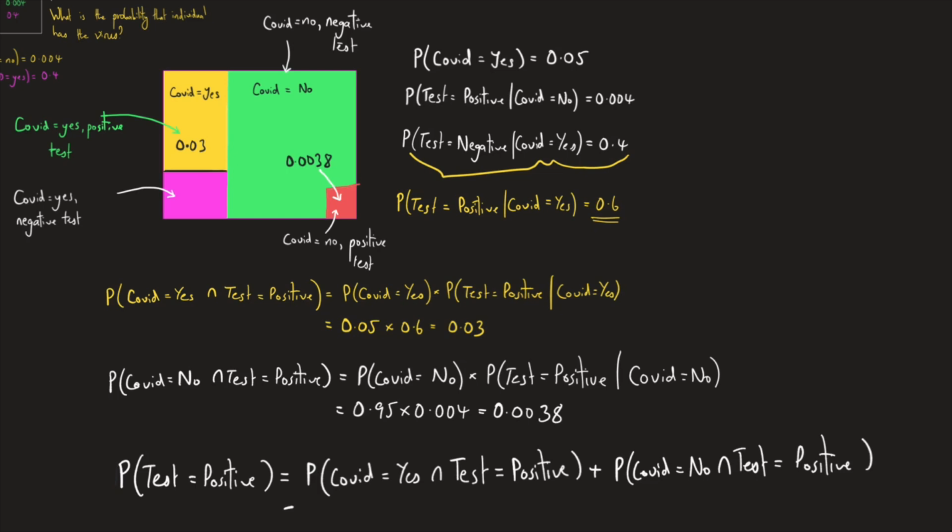So this total area is equal to 0.03 plus 0.0038, which is equal to 0.0338.